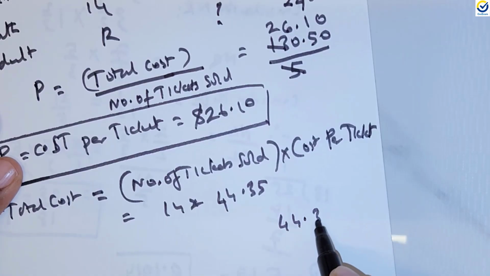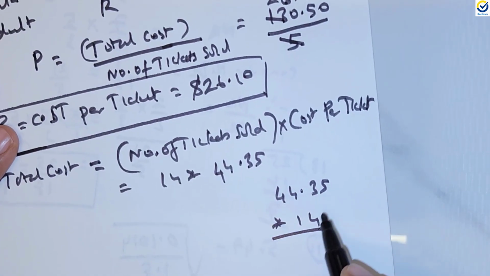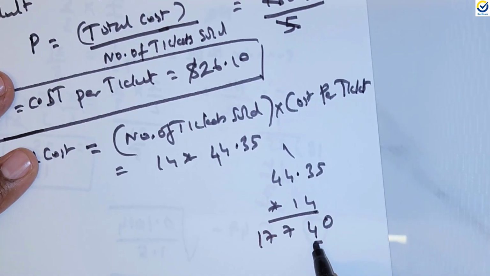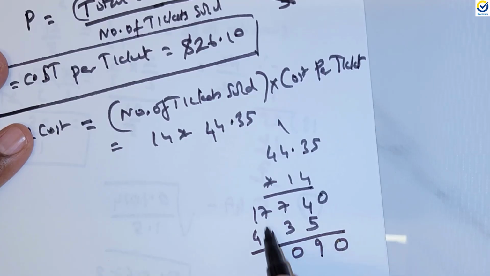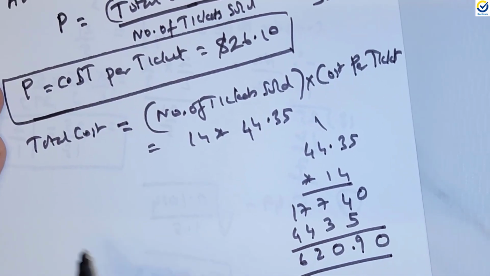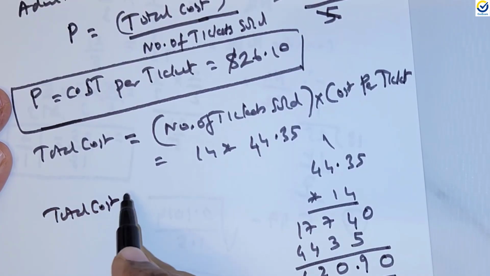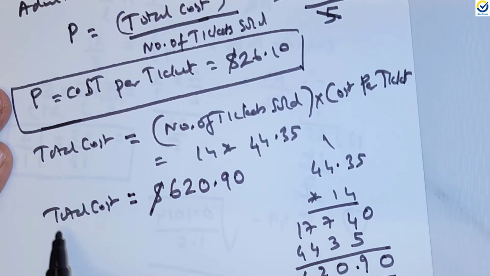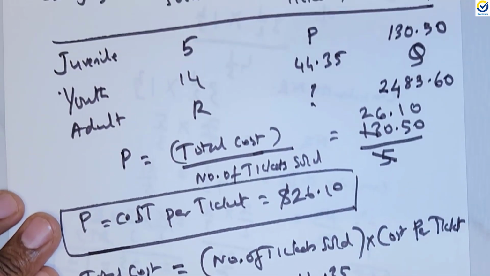So you can multiply 44.35 with 14. 4 5s are 20, 12, 14 carry 1, 16, 17, 1, 16, 17, 5, 3, 4, 4, 0, 9, 10, 12 and 6. So after 2 digits is decimal. So 62090. So this is the total cost, which is nothing but $620.90. So you can box that result. I hope you are watching this.